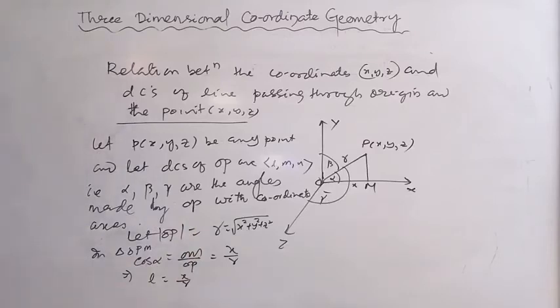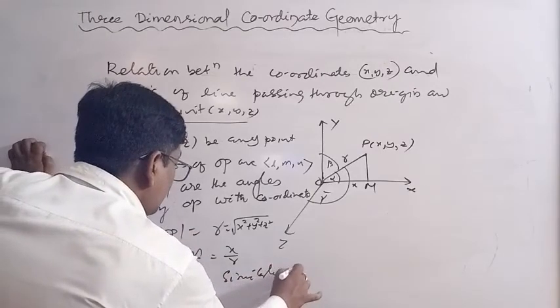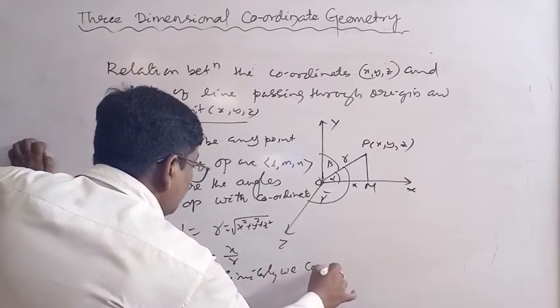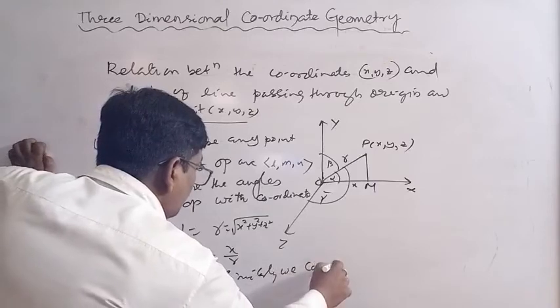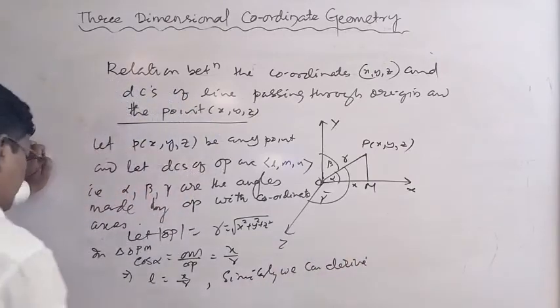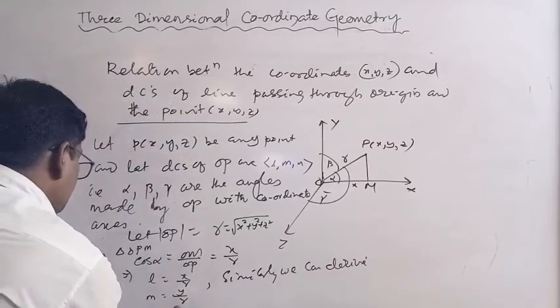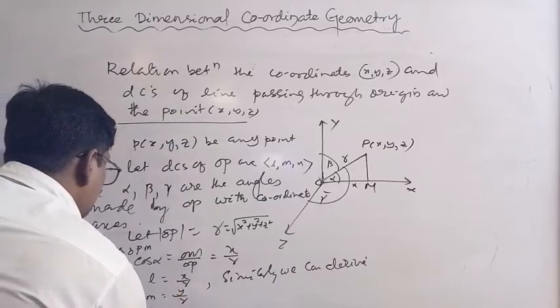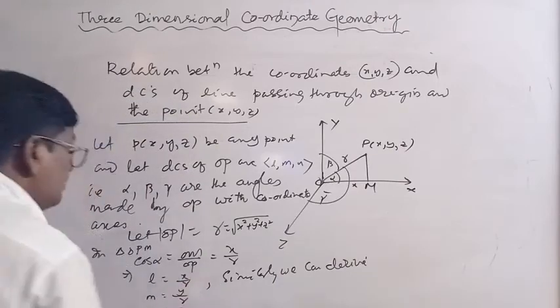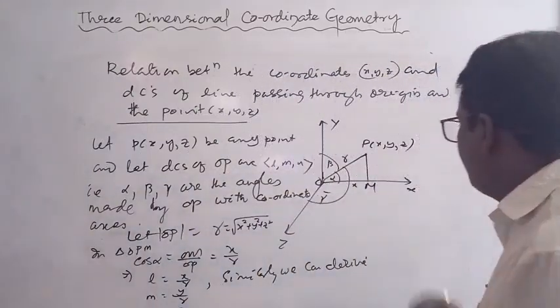Similarly, we can derive M equal to y by R, and N is equal to z by R. This is the relation between DCs and the coordinates of the point.